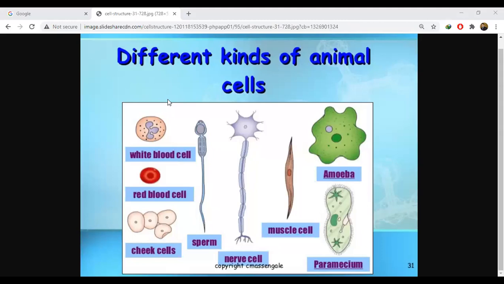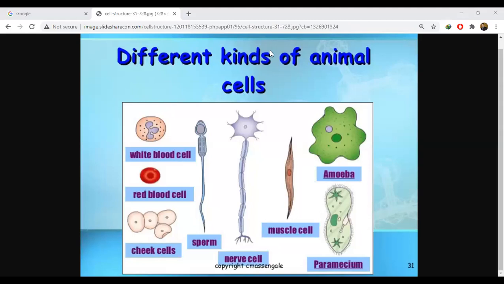Do all of them have the same function? No. It's almost like humans. Do all humans have the same shape? No. Do all humans have the same size?